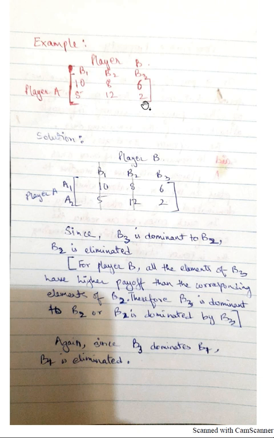For player A, evidently the higher the value shown here, the higher will be the payoff.